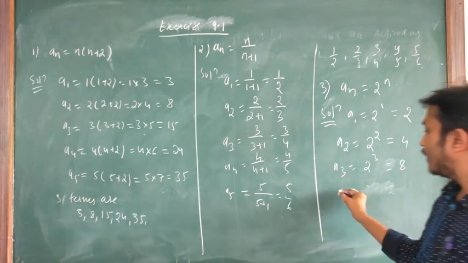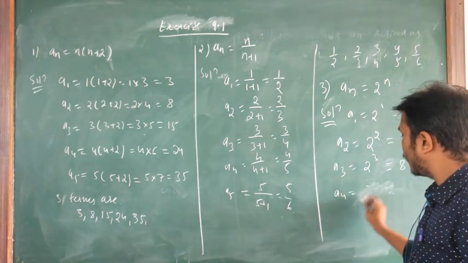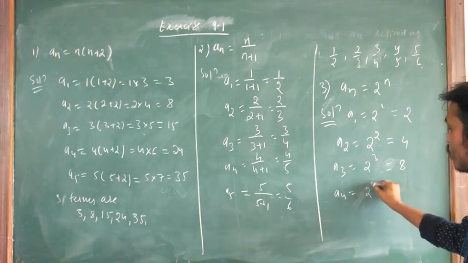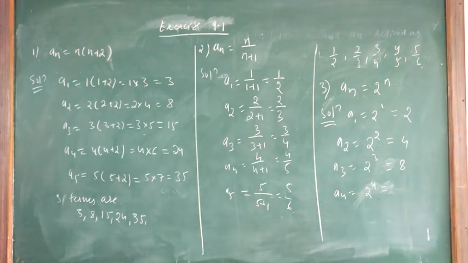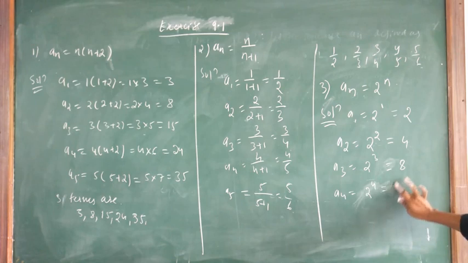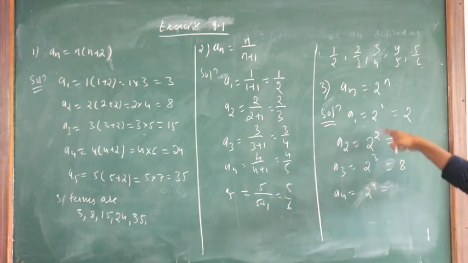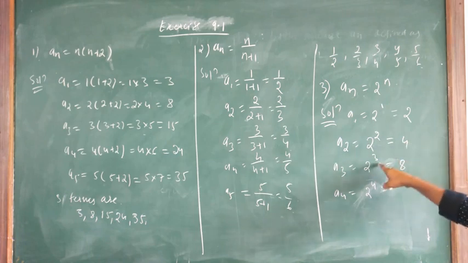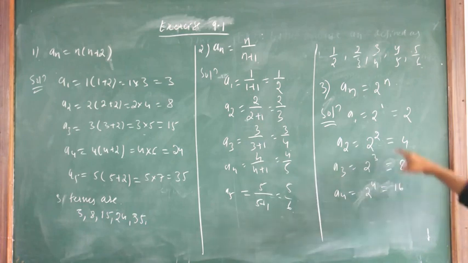Next A4, that is 2 to the power of 4. 2 to the power of 1 is 2, 2 to the power of 2 is 4, 2 to the power of 3 is 8, and 2 to the power of 4 is 16.